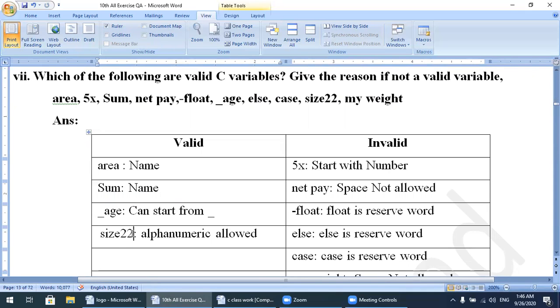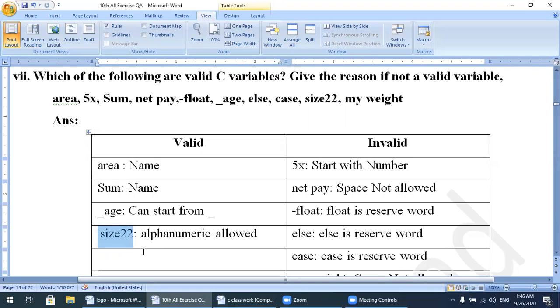Third, size22. A variable can be a mixture of numeric characters and alphabet characters, but keep in mind they must always start with an alphabet character. Size22 starts with S, an alphabet character, and then we use numeric characters too. So this one is correct.